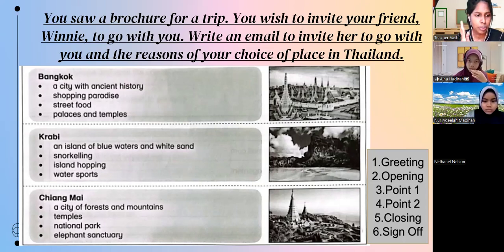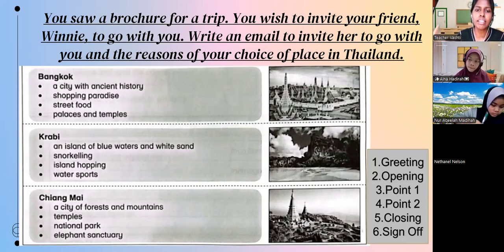Okay, kalau nak tulis ayat, bagi elaboration. Contohnya, kamu bagi satu point, kamu kena bagi satu elaboration. For example, the reason I choose this place because it is a city with ancient history. Ancient history tu memang ada history lah, ada sejarah kan.